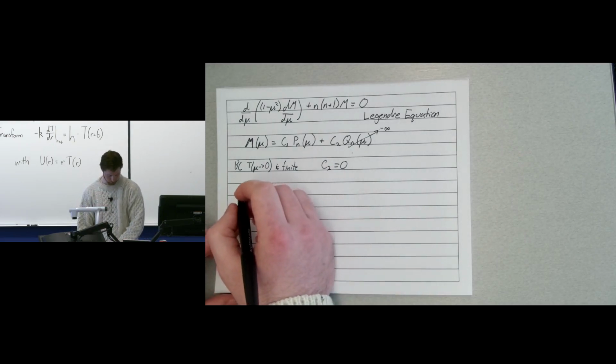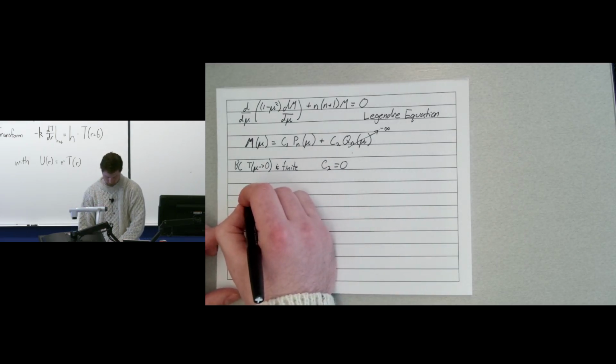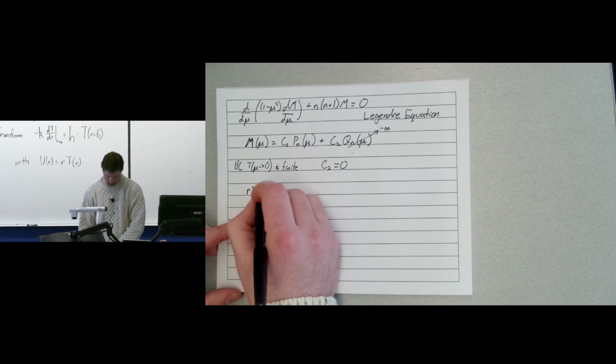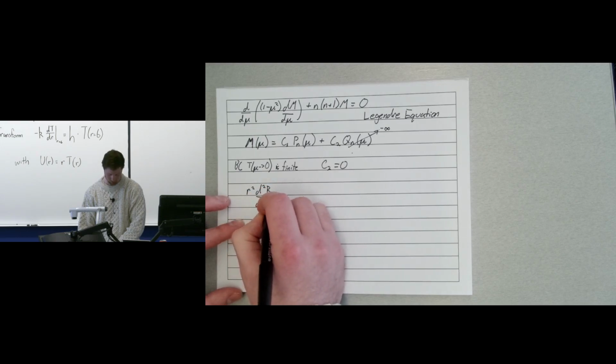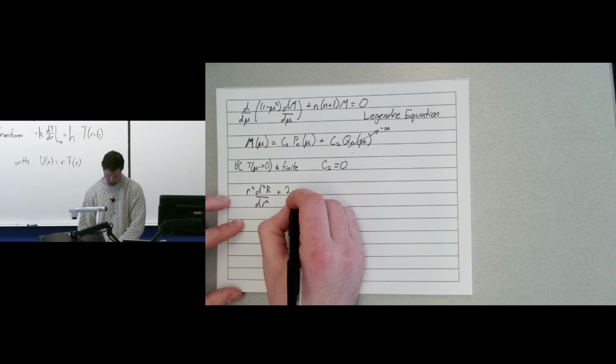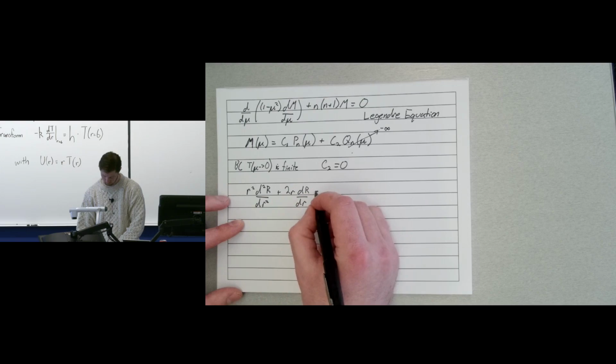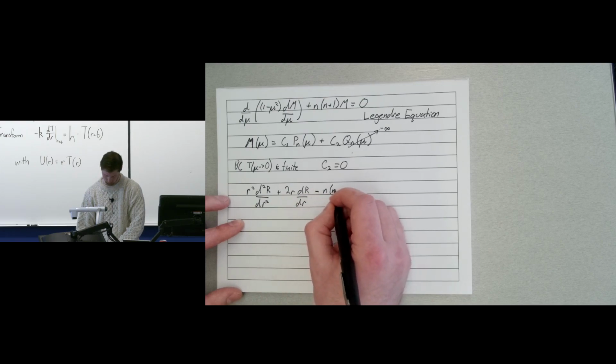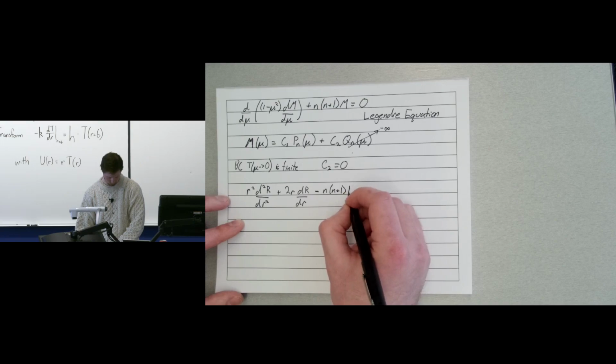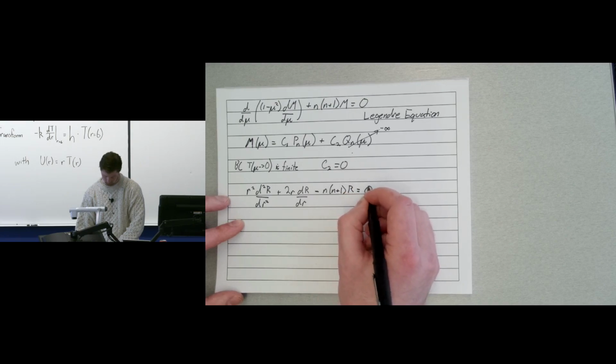Okay. So then, if we move to the other side, and we're looking in the r direction, we'll have r squared times the second derivative with respect to r plus 2r dR/dr minus our separation constant times R equals 0.